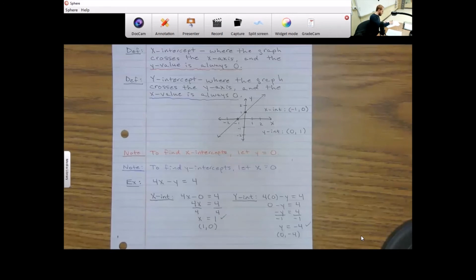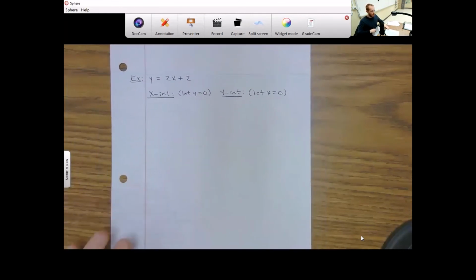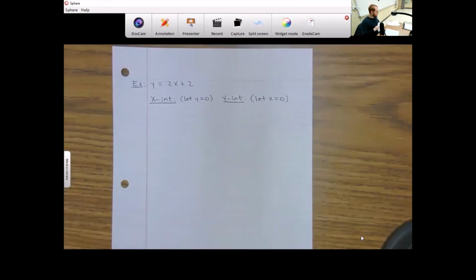Okay, so for x-intercepts, we're going to let y be 0. But for the y-intercepts, we let x be 0. Make sense? Okay, let's apply it. So let's look at this one. I got y equals 2x plus 2.